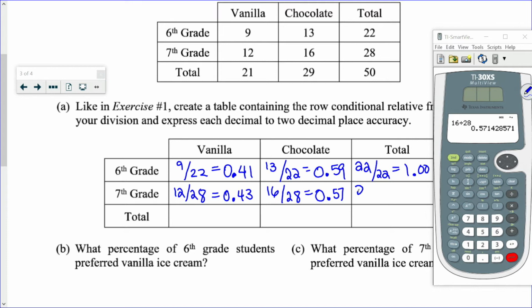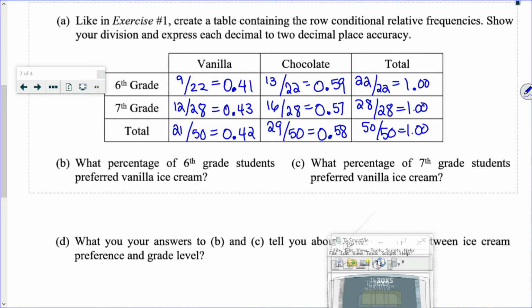And again, 28 divided by 28 is 1.00. And the final one, 21 divided by 50, that would come out nice. That would be 0.42. 29 divided by 50 also comes out nice, 0.58. And 50 divided by 50, 1.00. Okay.